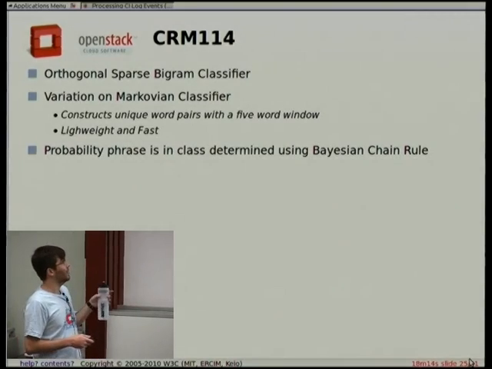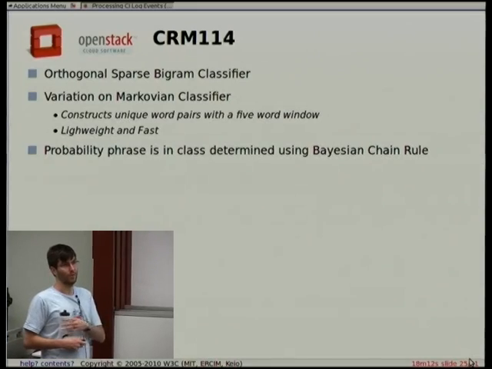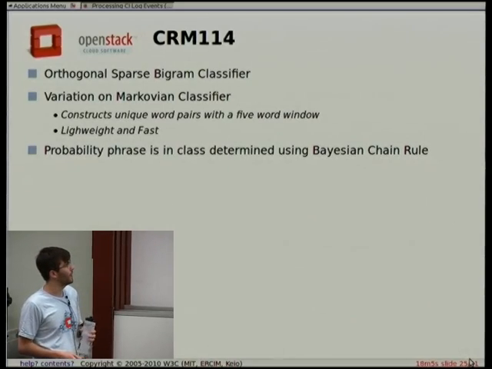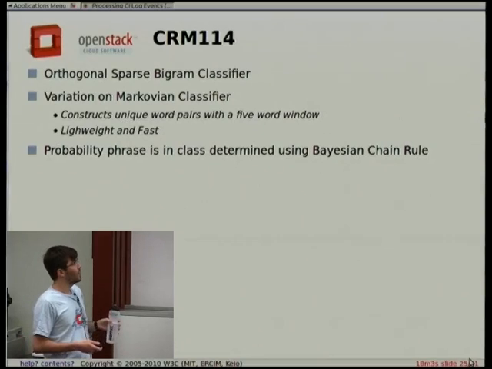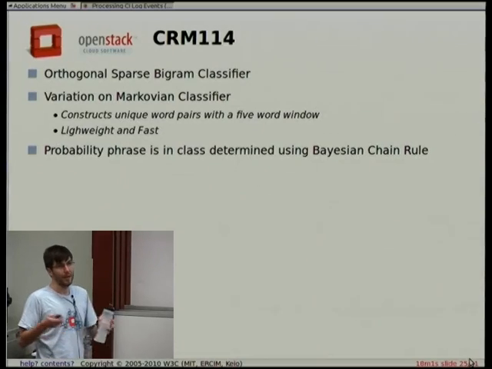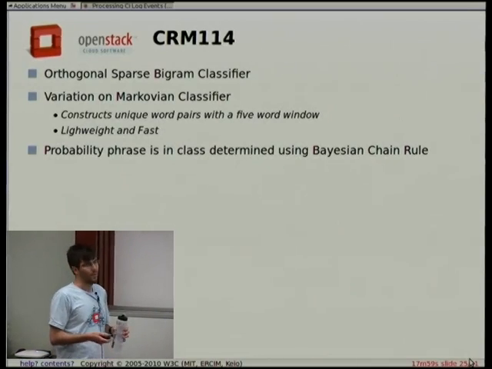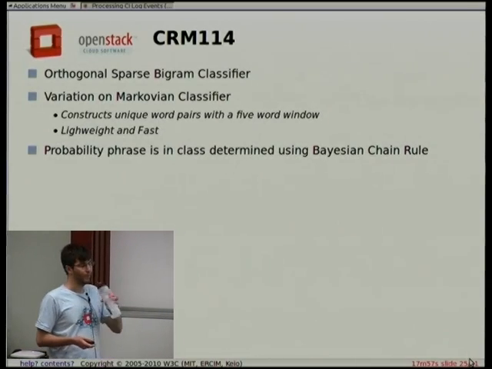This is kind of cool because it's lightweight and fast. Because they're unique, you end up with a small statistics file, and it's only 2 word pairs, so it's pretty quick. Then CRM 114 basically looks up the probability any given phrase is in a class, success or failed, based on a Bayesian chain rule.